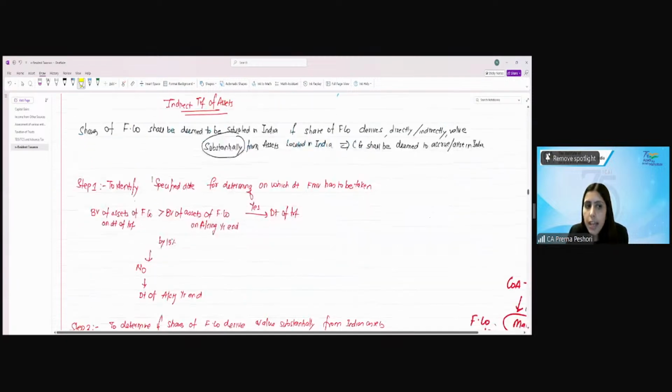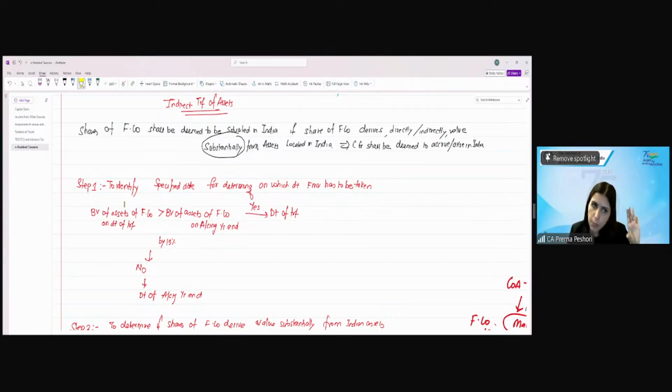So the Act says to identify the date on which the FMV has to be taken, you need to see whether the book value of the assets of company B as on the date of transfer is greater than 15% of the book value of the assets of company B on the accounting year end.